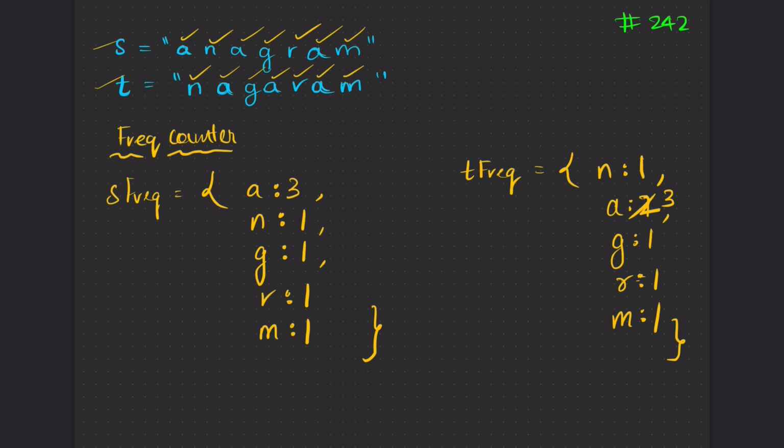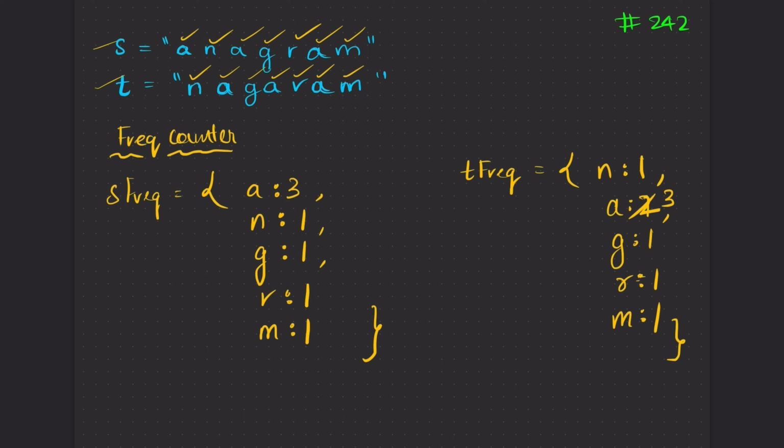Now, if s and t are really anagrams, they would have the same numbers mapped to each of their characters, and all the keys in t frequency should be there in s frequency. And if not, we just immediately return false. So we return false in two ways.